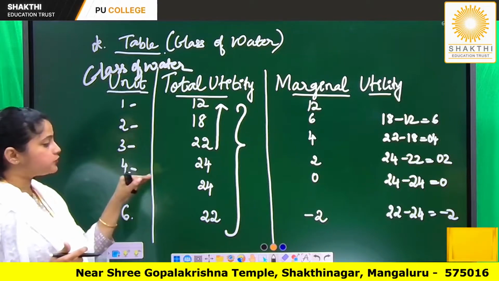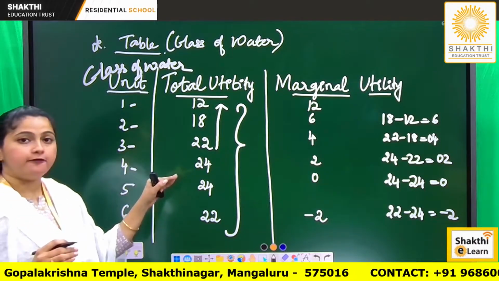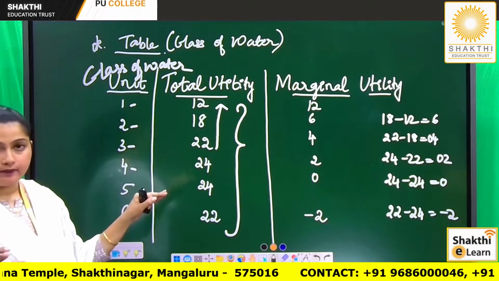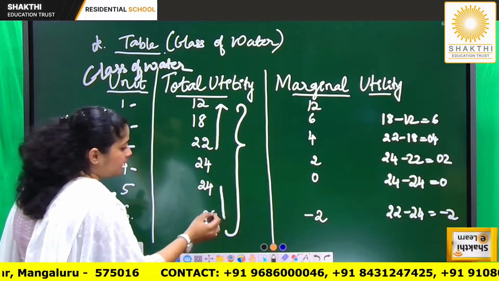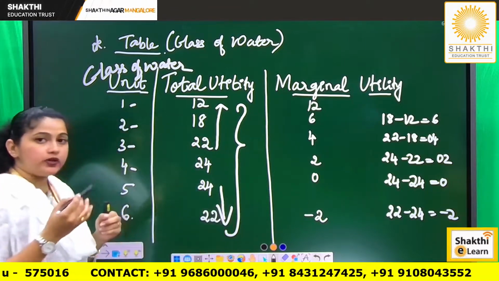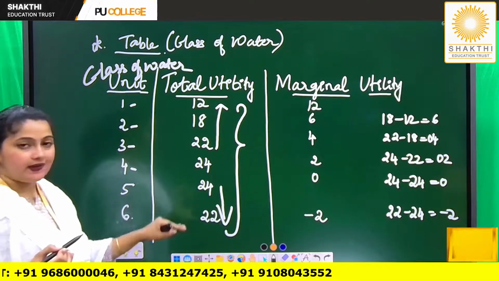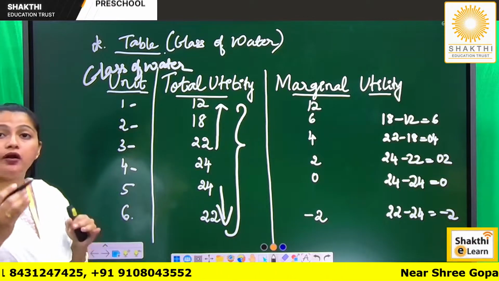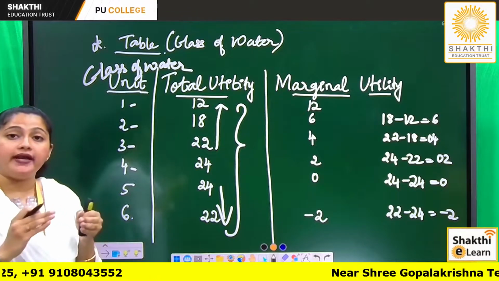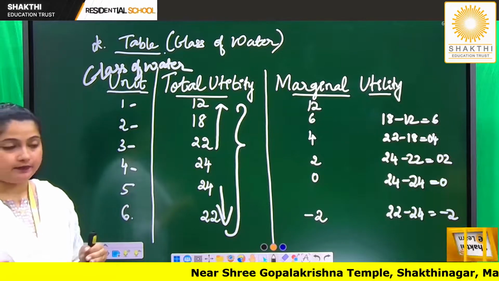And when you came to the 4th glass of water, that was the maximum, when you derived 24 total utility. Can you observe? Later, the utility has been decreasing. The total utility which you are deriving from drinking the water has been decreasing. That means the more you consume the product, your marginal utility or your additional utility is going to decline, or it is going to diminish drastically.